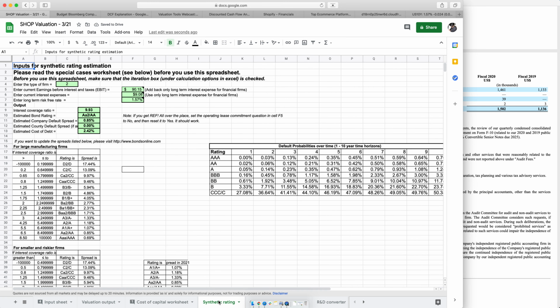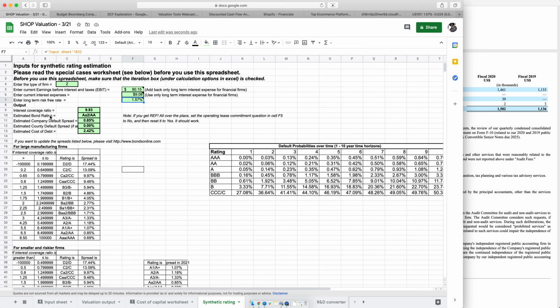Okay, so just to sanity check that, this sheet should all just calculate by itself. But this is the sheet where he calculates what your cost of debt is. He tries to take into account your operating income, how much you are paying on interest, and the interest rate. He tries to back out a bond rating.